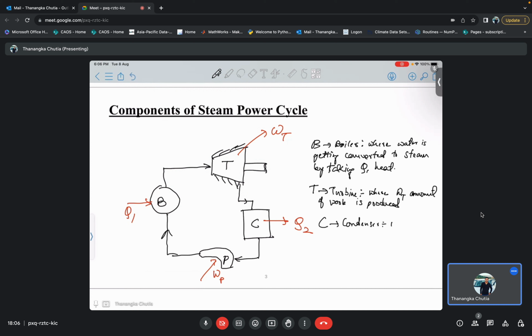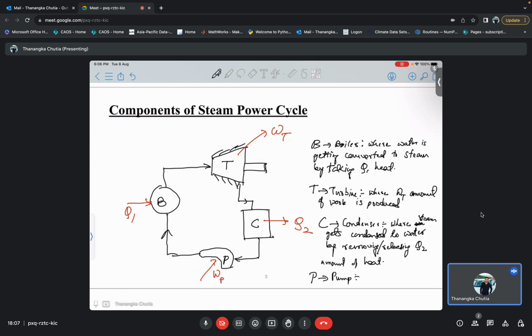So this is where steam gets condensed to water by removing or releasing Q2 amount of heat.